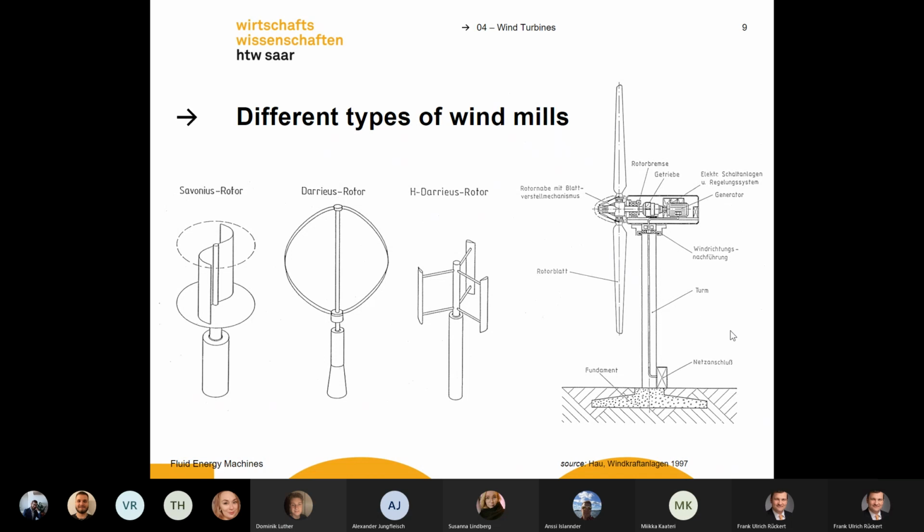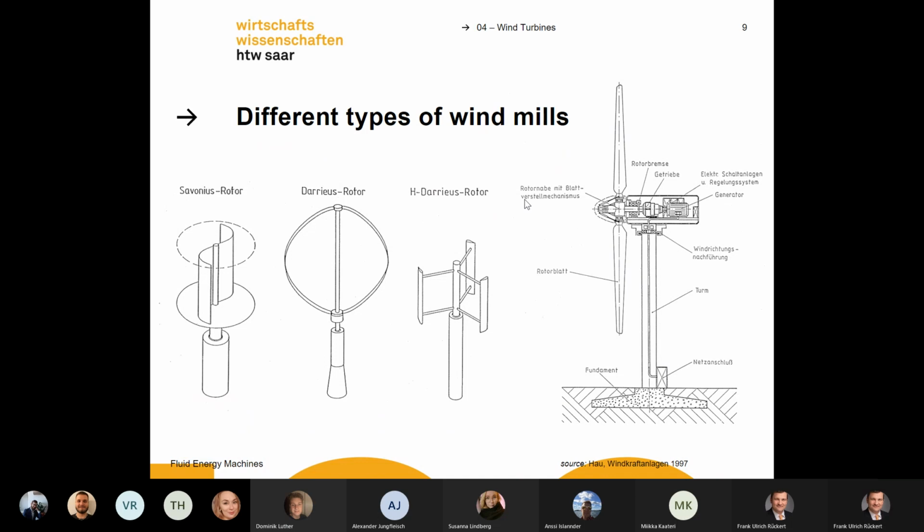Okay, how does a windmill look? Here we have a sketch of a windmill, and if you remember the exam I showed you before, there was a question exactly where I asked you how to draw a windmill. So maybe let's have a look.